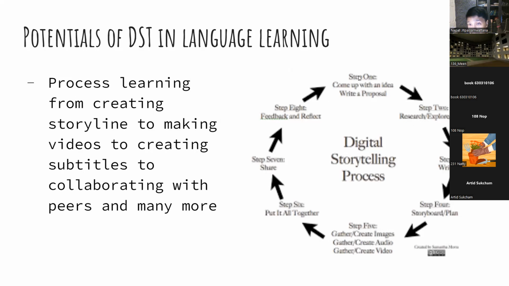The first one would be coming up with an idea and writing a proposal. The second one would be to do research, to learn, to explore more. The third step is to write the script. The fourth one is to create a plan, a storyboard, right? The next one would be to collect images, to create audios and videos. The next step would be to put it all together and then to share.